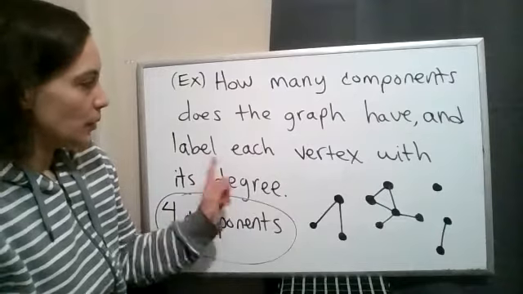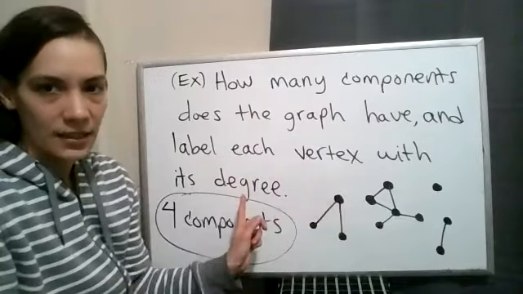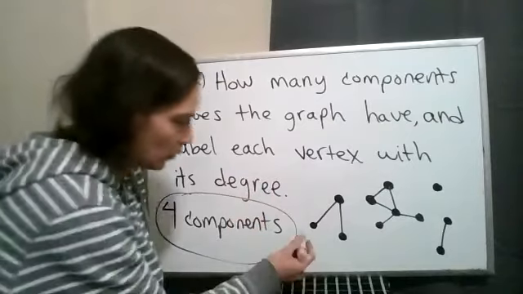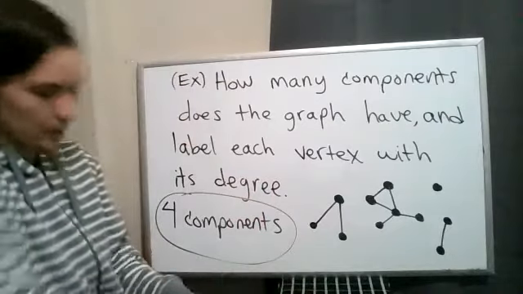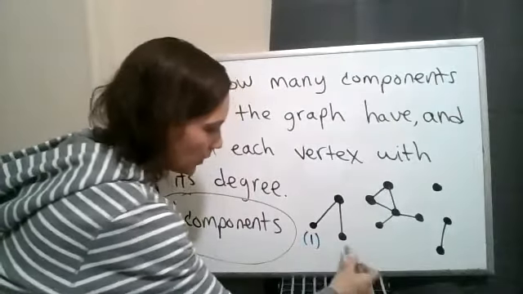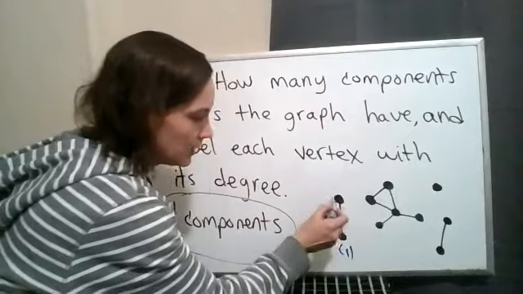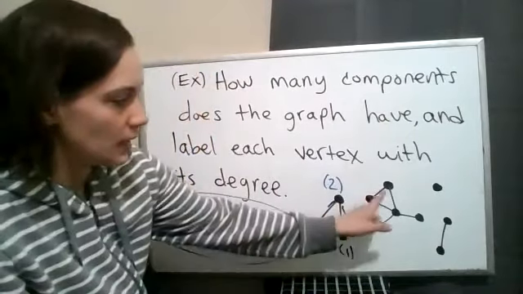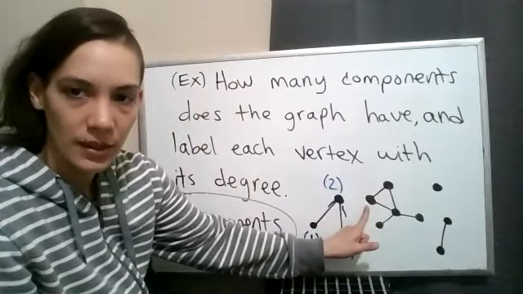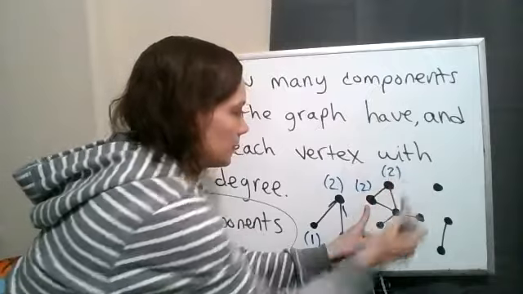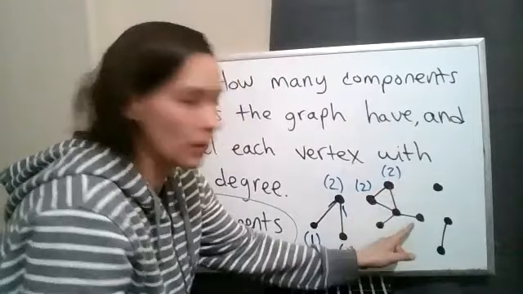And we're going to go through each piece and find the degree of every vertex. So right here, this would be degree 1. And this is a 1. This would be 2. That's 2, degree 2. Here we have 1, 2, 3, 4, degree 4.